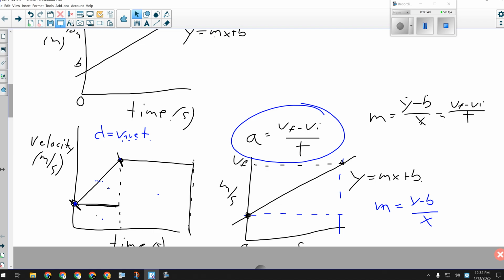Here, because the velocity is changing, I would use base times height over 2, because the average velocity is halfway between the initial and the final. That's why that whole area under the line thing works. You're really just using v equals d over t. All right, so stuff like that certainly could come up on your final exam.